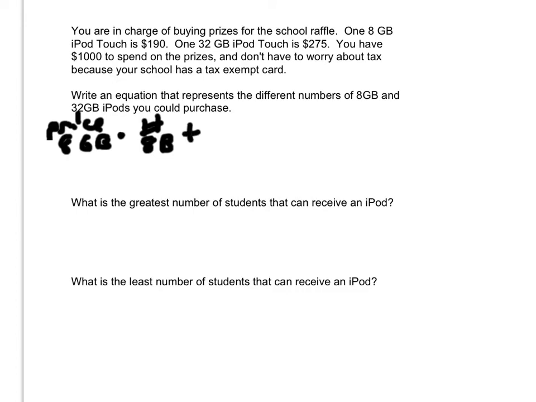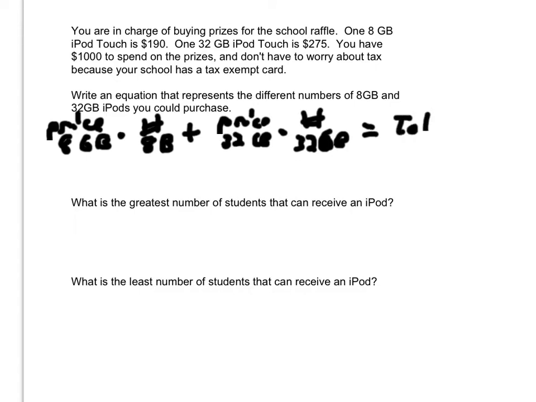And we're going to have to add that to the price of the 32GB times how many 32GB we get. If we add those two things together, we're only buying two different types of iPods. That's going to equal the total money we can have.